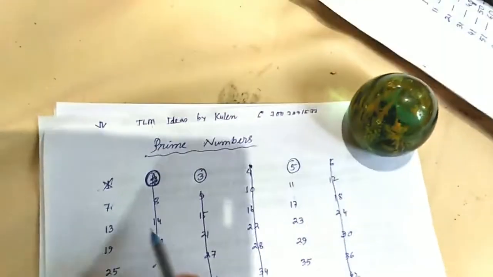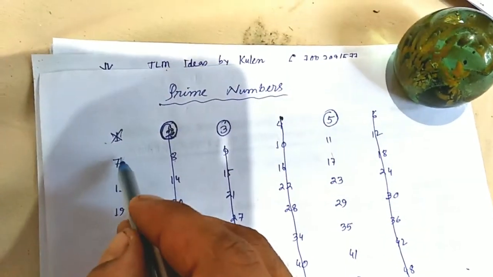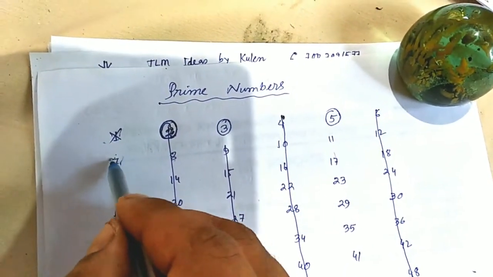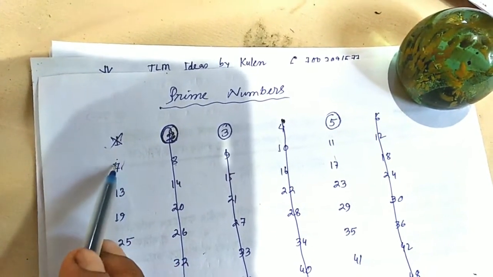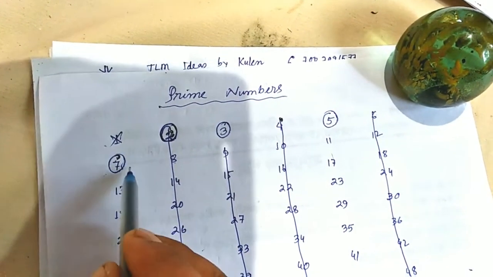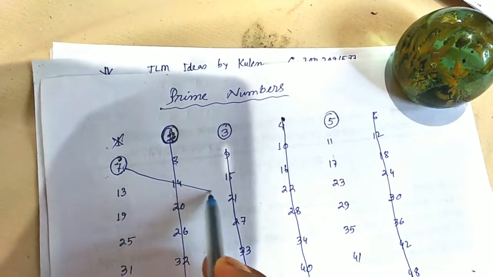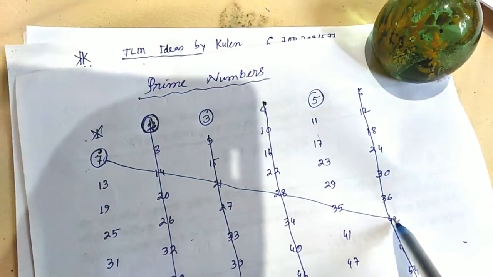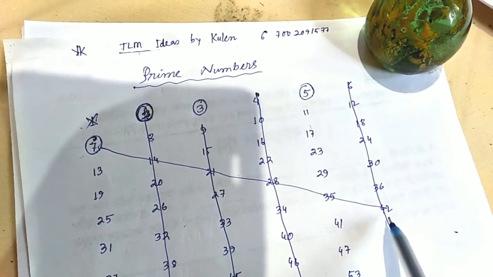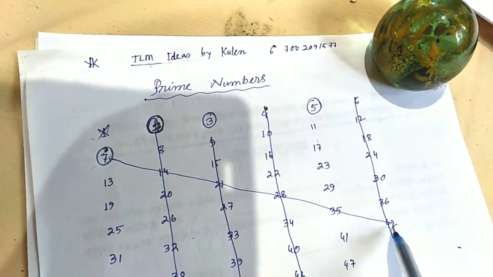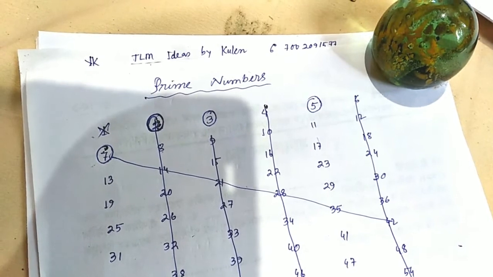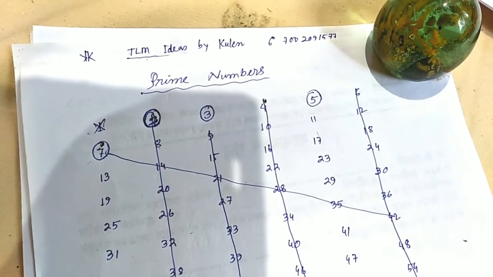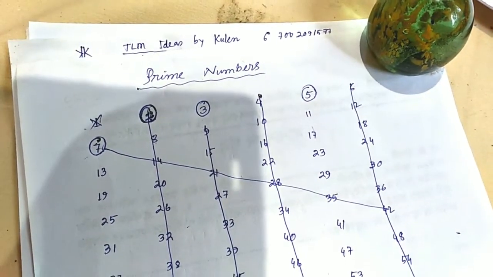Okay. Now what remains? It remains 7. 7 is a prime number. We can cut this way: 7, 14, 21, 28, 35 and 42. Then after 42, it starts again. 49.